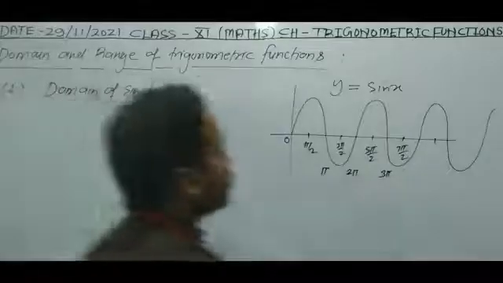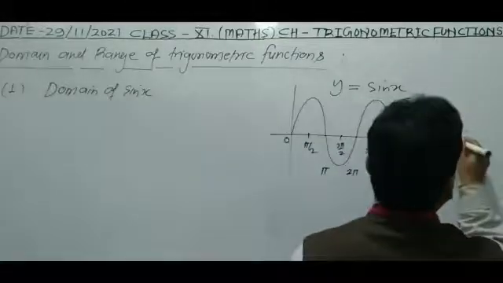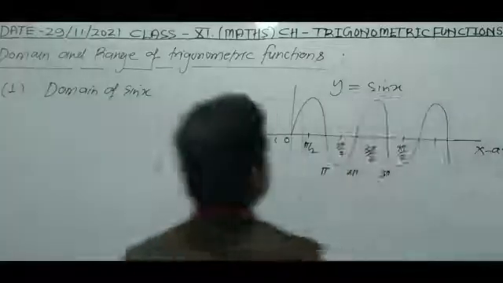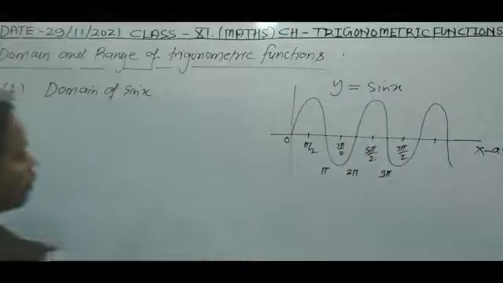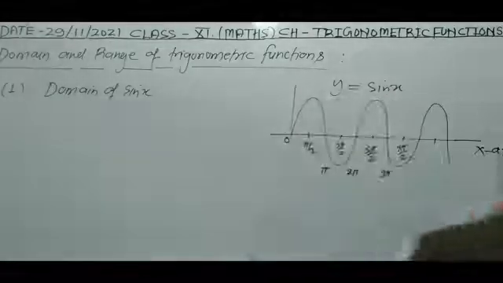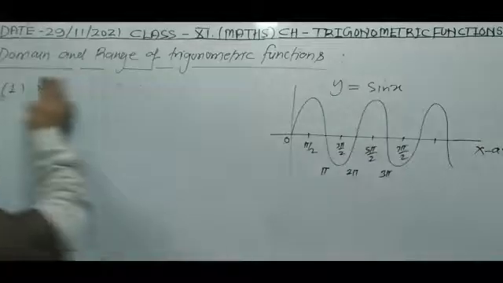So there are so many points you can consider on the x-axis. Now you will see from this graph, it is clear.